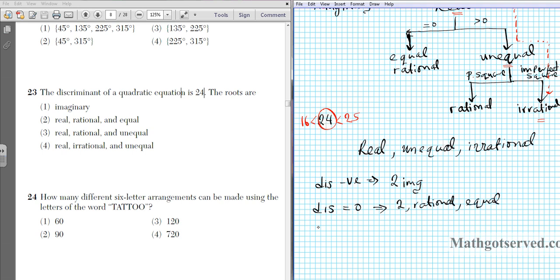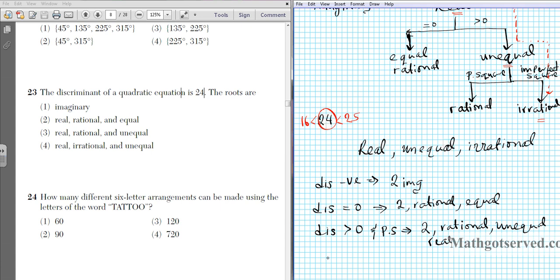If the discriminant is strictly greater than 0 and a perfect square, it's going to be two rational, unequal, and real roots.